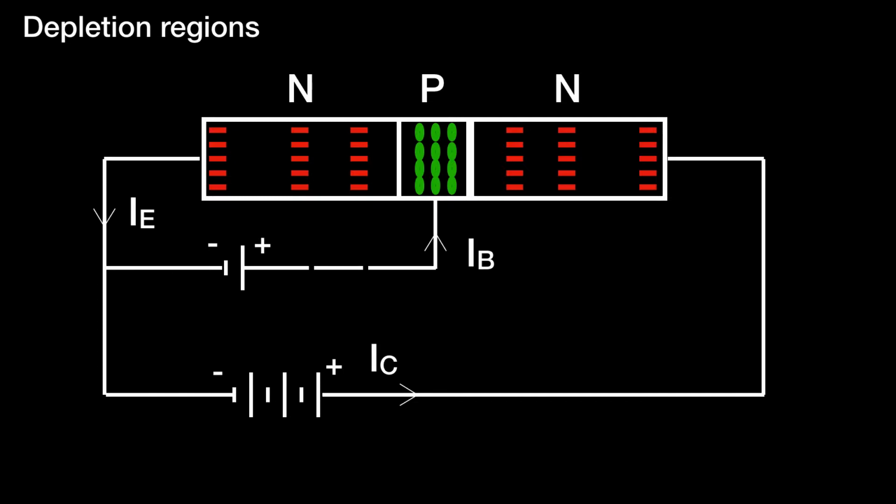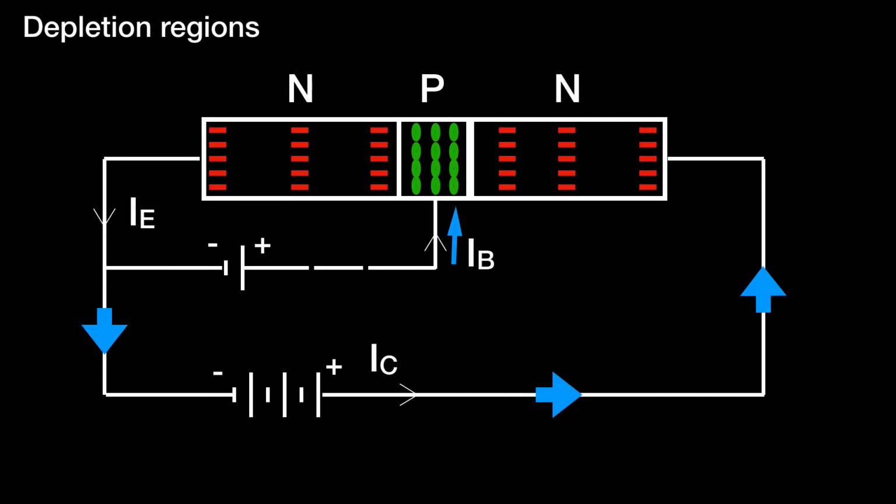If we close the switch, then current will flow into the base, and this will have the effect of bringing the charge carriers together and allowing a larger current to flow in the collector emitter circuit.